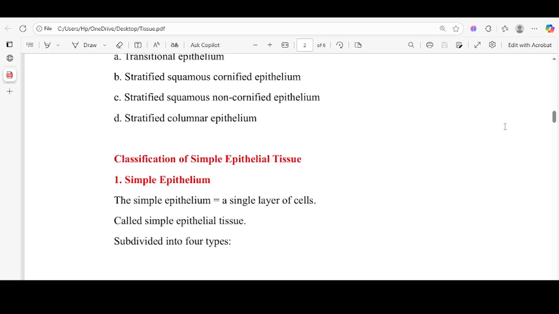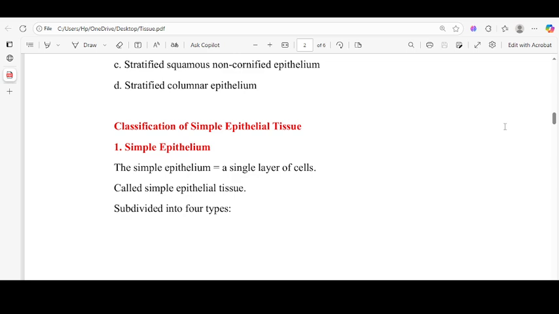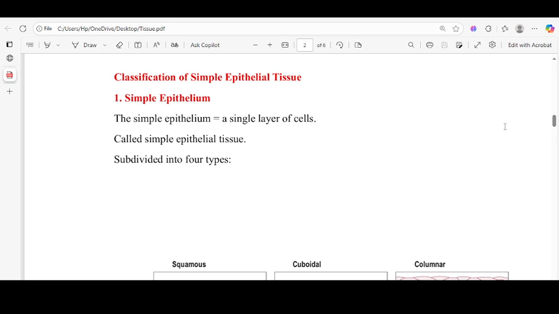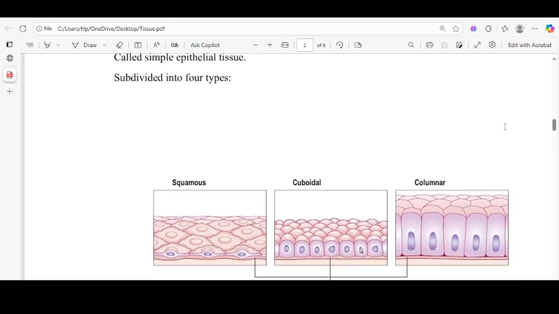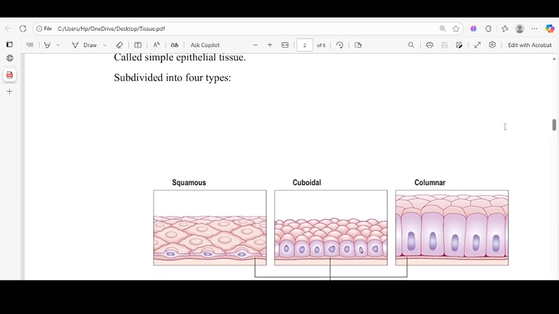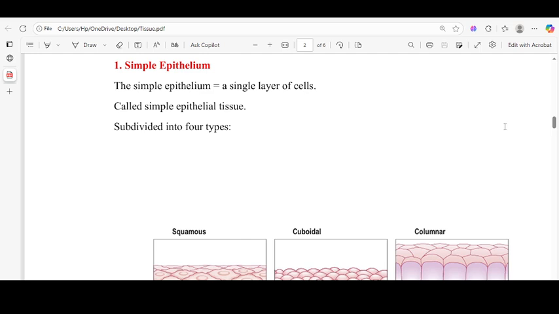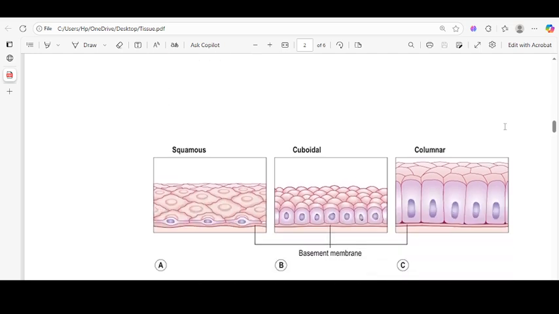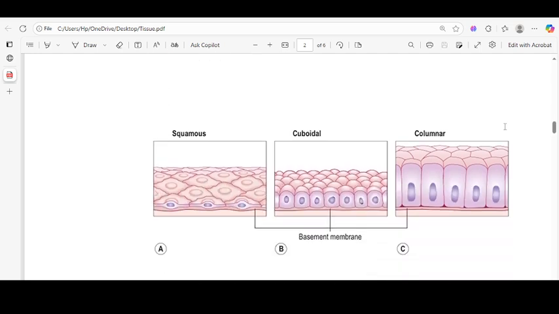And first is simple epithelium. Simple epithelium is a single layer of cells, which is called the simple epithelium tissue, and is subdivided into four types. First, the single squamous epithelium tissue has a single layer of flat cells, and cuboidal is a cube-like structure, called the cuboidal epithelium tissue.